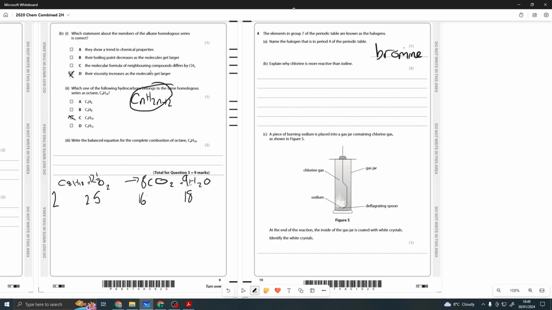Now, you just need to say, okay, you can either go one way or the other. Okay, now I'm going to say, okay, that in chlorine, the outer shell is closer. That means the force between the positive nucleus and the negative electrons is stronger because they're closer. Okay, therefore electron gained more readily.